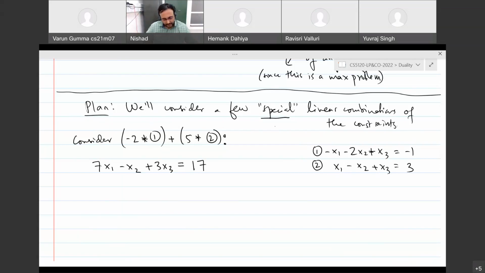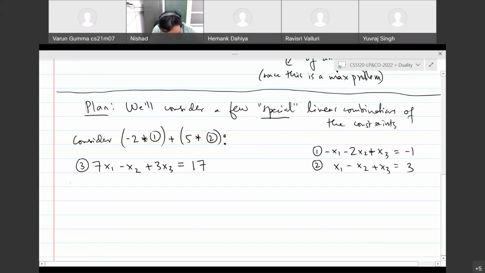Okay, so this is our constraint number 3. We got this by taking a linear combination of the first two constraints, right? And therefore, every feasible solution must satisfy this constraint.